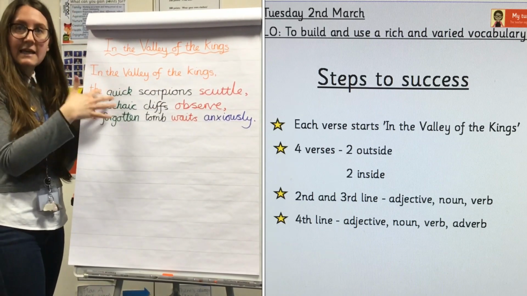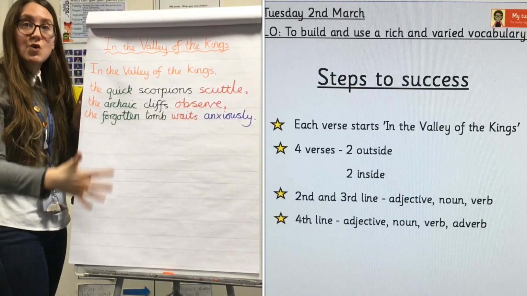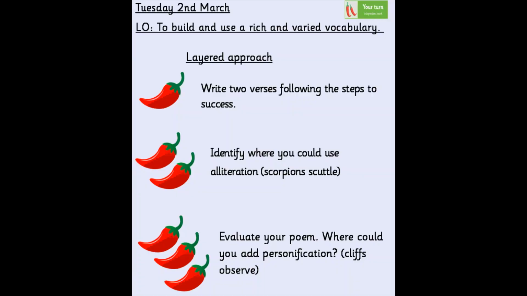And that's going to be the same kind of formula that you're going to use throughout all of your other verses. The last thing I want to share with you before you go off and write your own 2 verses for today are the chili challenges. This is a layered approach today, so everybody's going to start with chili 1, then if you can, move on to chili 2, and then move on to chili 3.